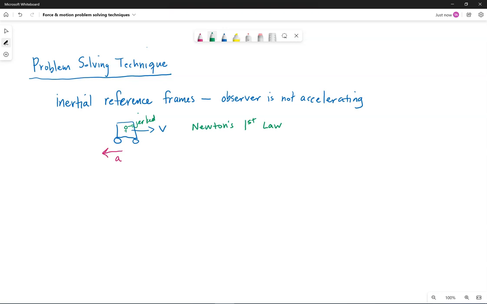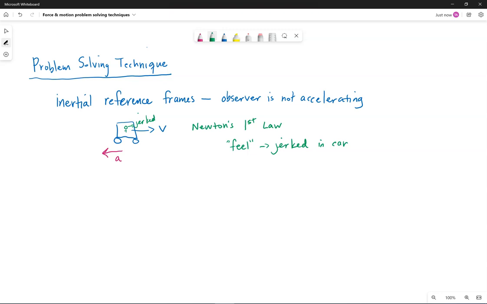So sometimes when we talk about what we feel, the feeling of being jerked around in the car, that makes us want to include a force as part of our analysis, which does not actually exist. So this is what we mean by inertial reference frames. A car, you suddenly step on the brakes, you slow down really fast.